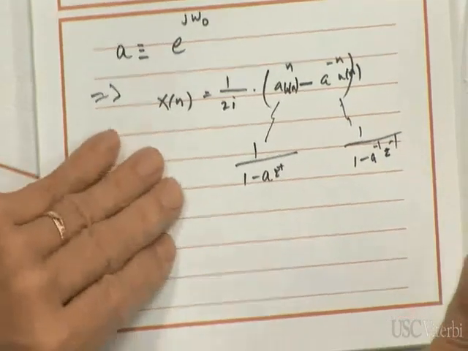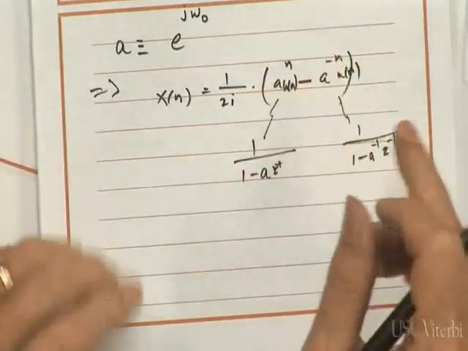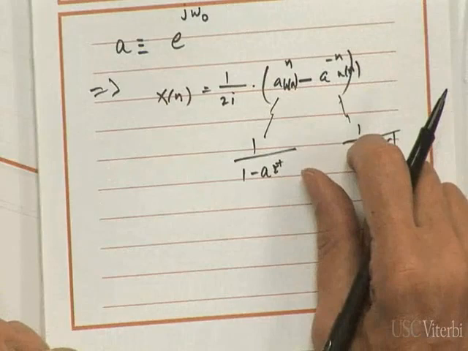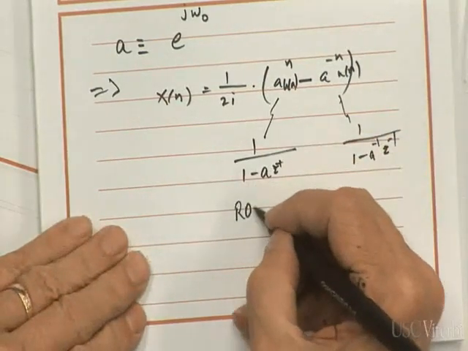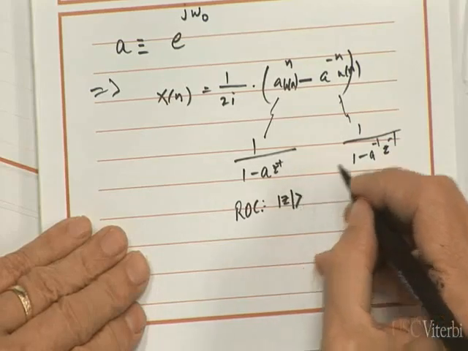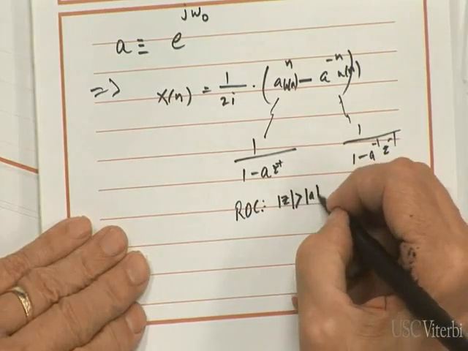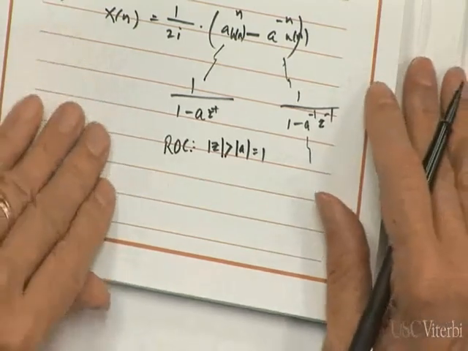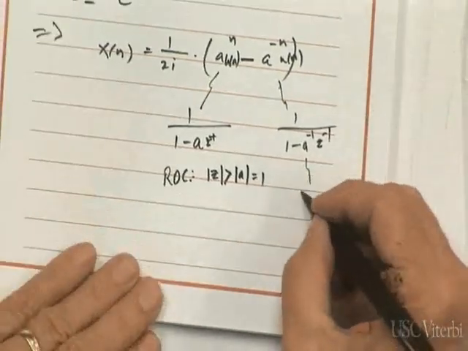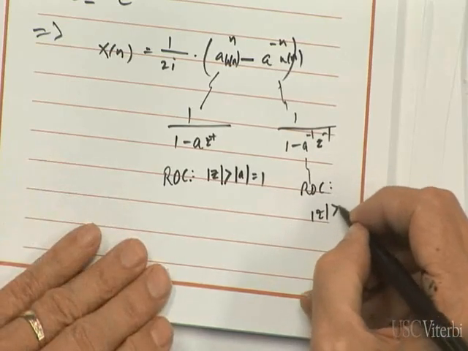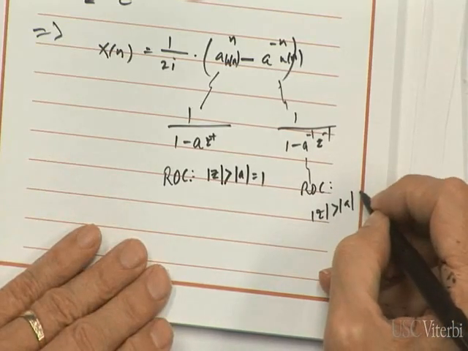But here's the deal. Since these are both right-sided sequences, the ROC for this one is the set of all z with magnitude greater than the magnitude of a, which is equal to 1. And the same for the other one: magnitude of z greater than magnitude of a, equal to 1.